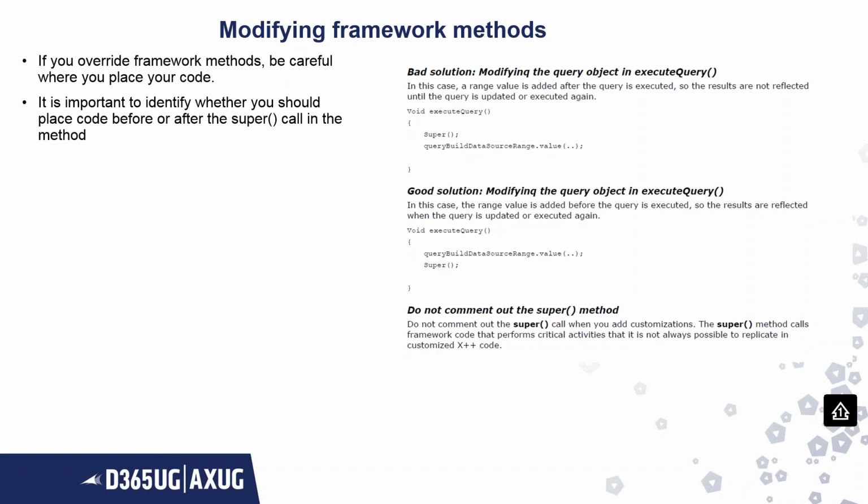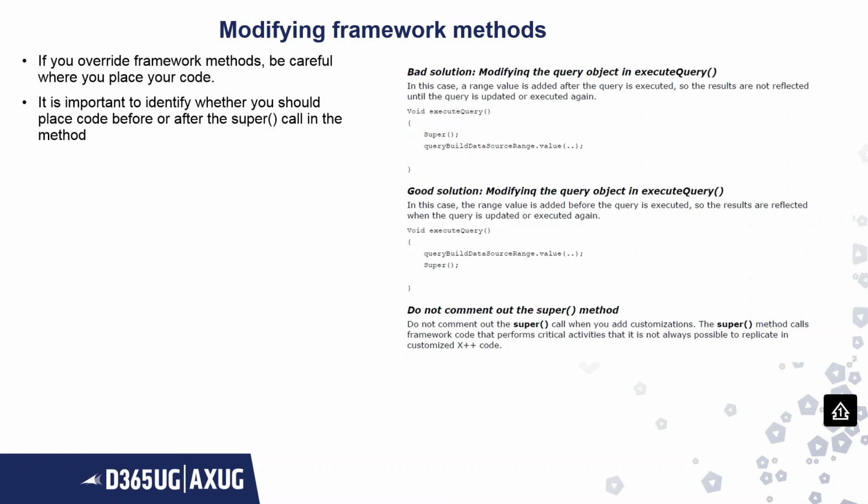For example, in the first area here, the super is above the query build source range, and in this case the super is down. So what Microsoft recommends is using the super at the very end, because super has a lot of framework code which performs a lot of critical activities at the kernel level.